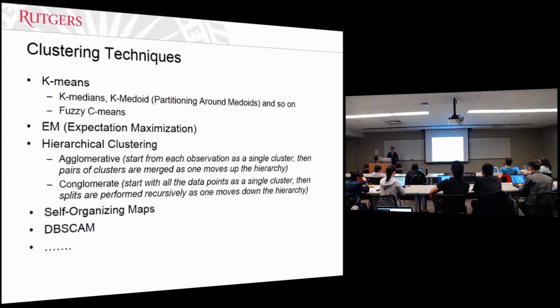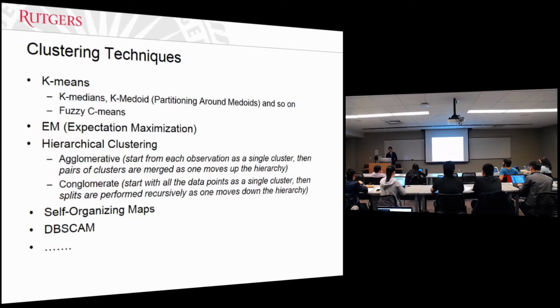So first, I'd like to refresh our memory about some clustering methods. The first one we have is K-means. K-means is also the most widely used in the literature. And we also have some variations of K-means, like K-median and K-medoids, and so on.